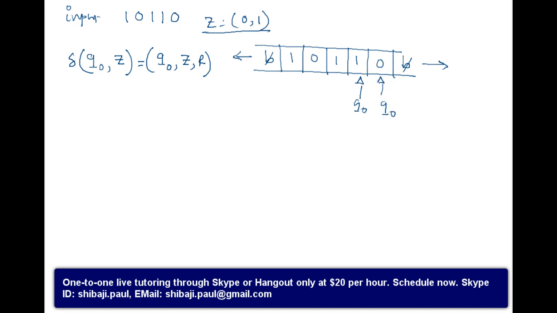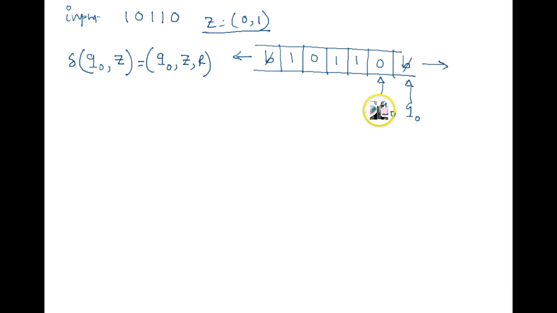Again we are getting 1, we move right. Now again we are getting 0, we move right. Now we have encountered the blank space. That means we have traversed the whole string and we come to the blank space.